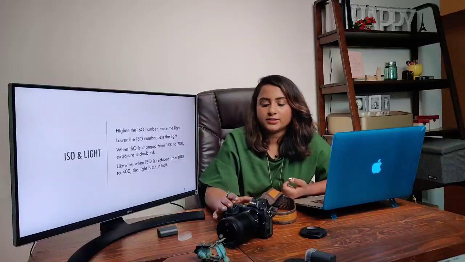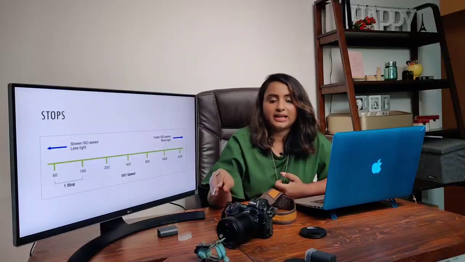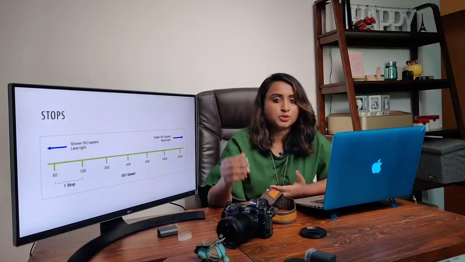So ISO affects light, that is fairly straightforward. ISO also affects detail. If you increase your ISO to a very high number, like 1600 or 3200, the detail in your image is lost, because the sensor becomes so sensitive to light that it also becomes sensitive to noise and grain, and a lot of grain is captured in your image.